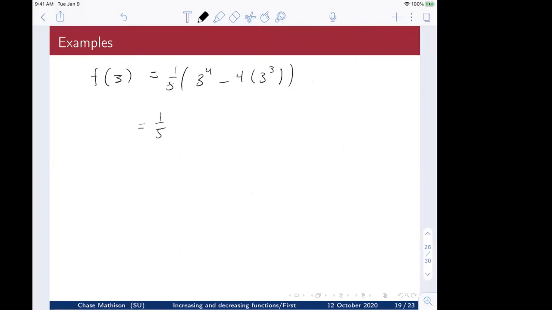Well, that's 1/5 times 81 minus 4 times 27, which is 1/5 times, well, 4 times 27 is what, 108? 81 minus 108.